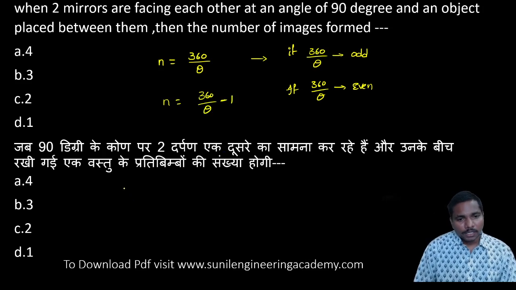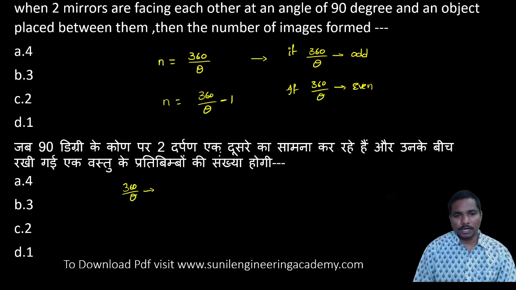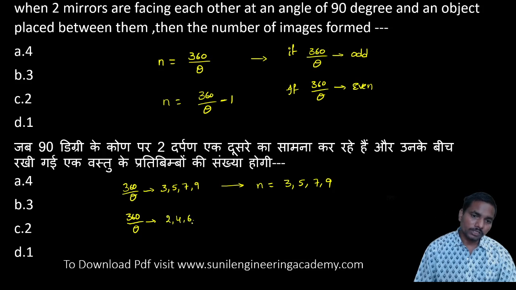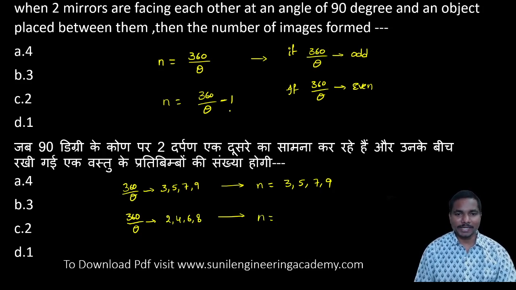That means if 360 by theta is odd, like 3, 5, 7, 9, whatever it may be, then n is also 3, 5, 7, 9 only. If 360 by theta values are even, 2, 4, 6, 8, then n is 360 by theta minus 1. 4 minus 1 means 3, 6 minus 1 means 5, 8 minus 1 means 7.